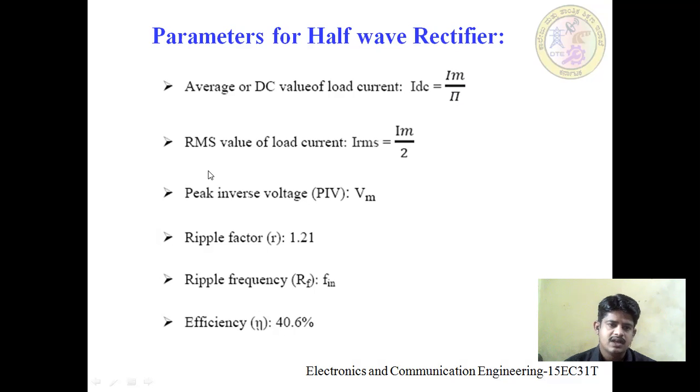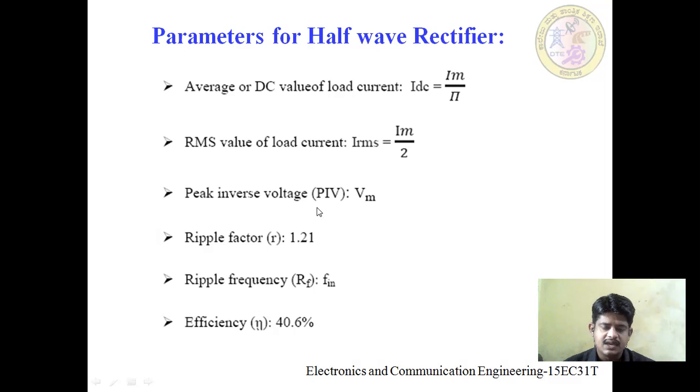Then the RMS value of load current, denoted IRMS, meaning root mean square value of current, is given as Im by 2, the maximum current divided by 2. By this we get the RMS value.